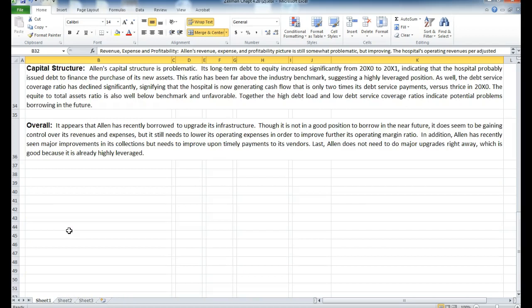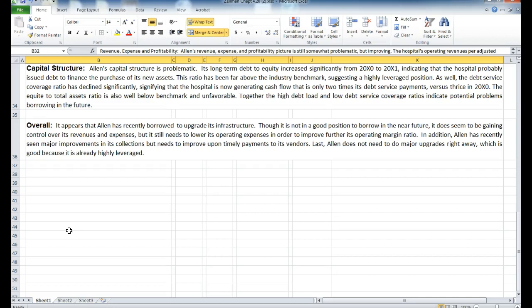So overall, it appears that Allen has recently borrowed money to buy equipment and upgrade their infrastructure. They are not in a good position to borrow money in the future, and they don't seem to be improving their net income, improving their revenue and expenses.